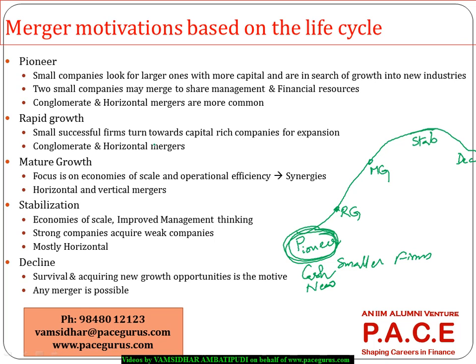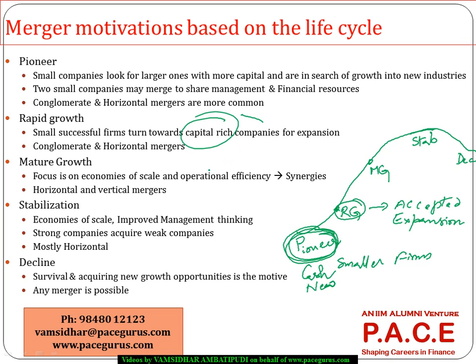But when it comes to rapid growth, at least the company got slightly established, the product got accepted in the market. So now the next stage is expansion. So at this stage, companies have a real big problem in terms of raising capital for expansion purposes. So they look out for some firms who are capital rich, who can really fund such kind of growth companies.